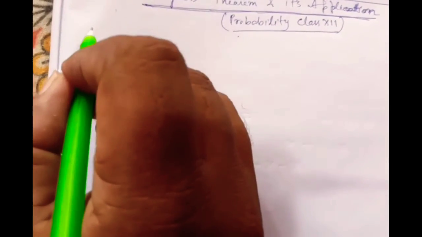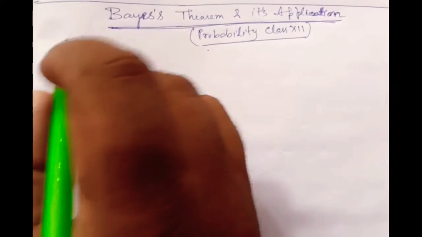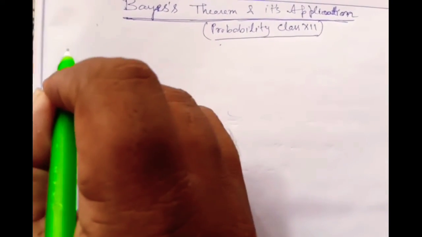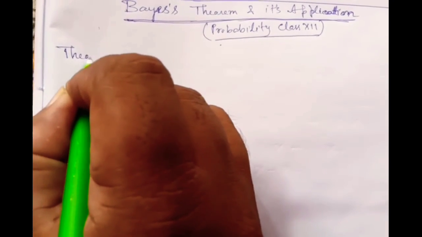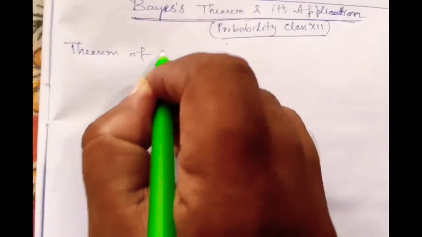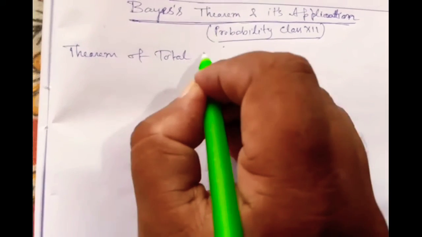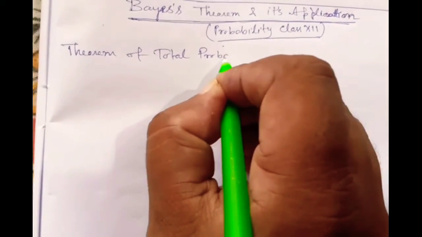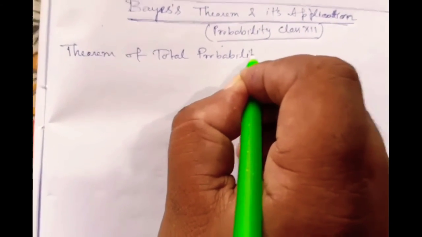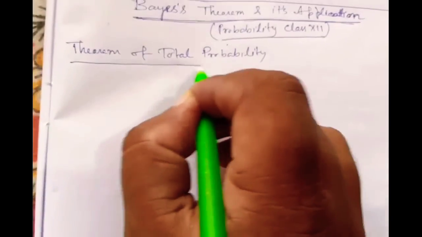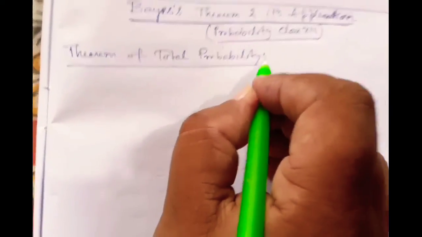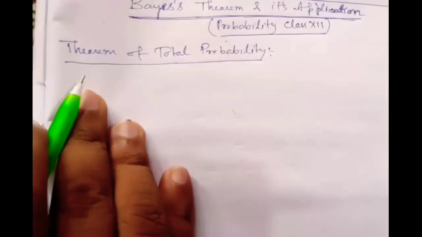Now, first, to know about Bayes theorem, we have to know about the theorem of total probability. Now, what is the theorem of total probability?